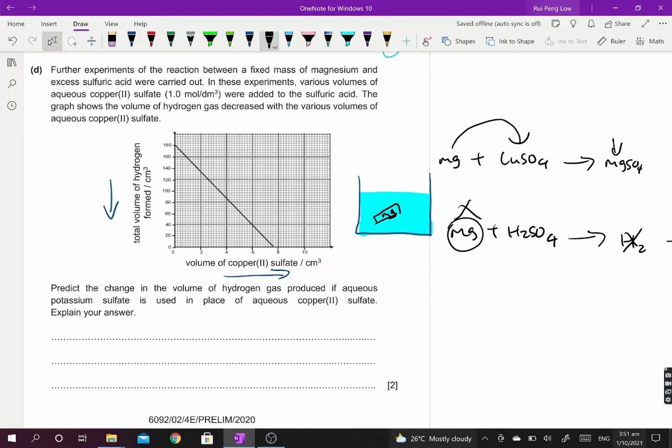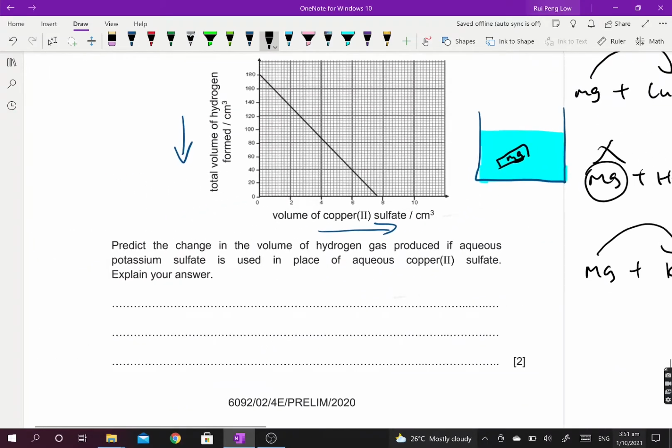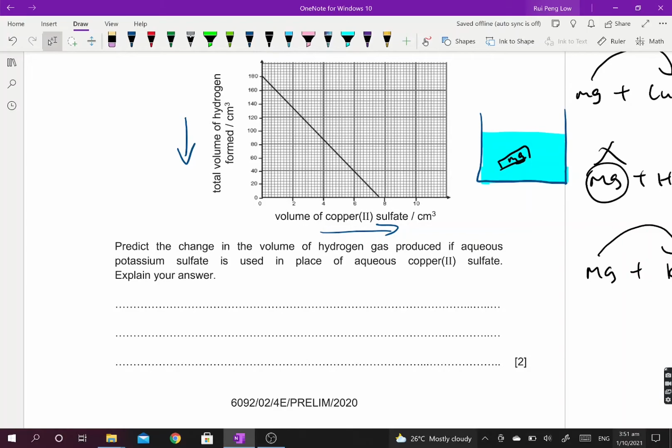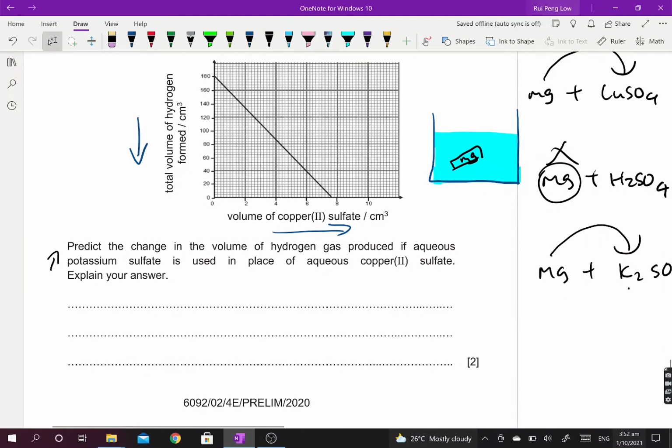Now, what happens when you use potassium sulfate? So magnesium plus potassium K2SO4. Can it react? No, because potassium is more reactive, so nothing happens. So even if you increase the amount of potassium sulfate, the amount of magnesium still remains the same.